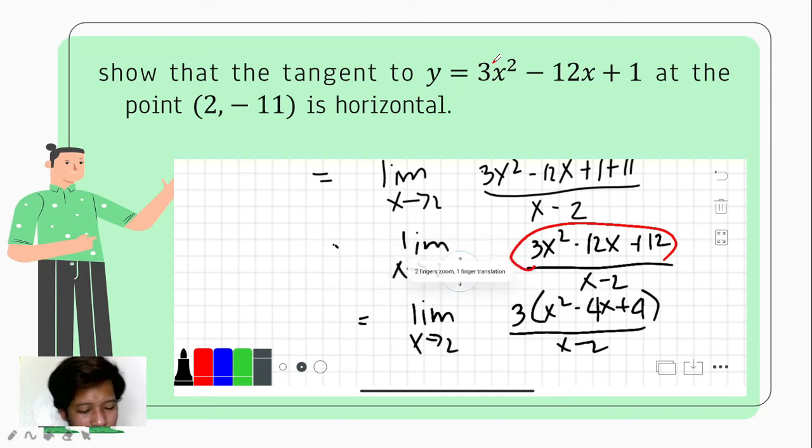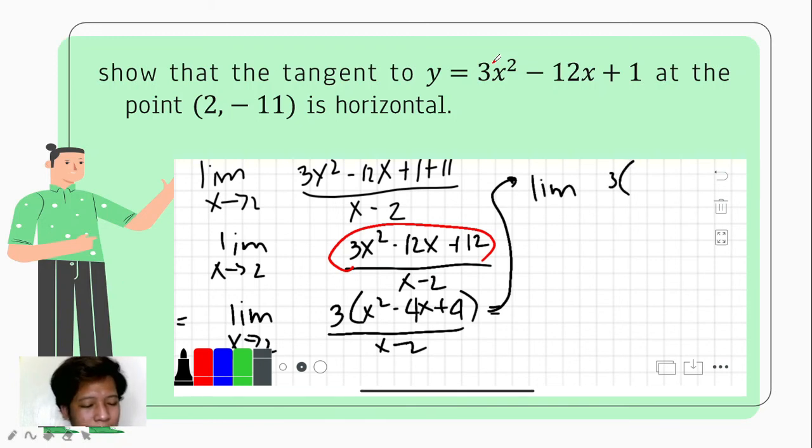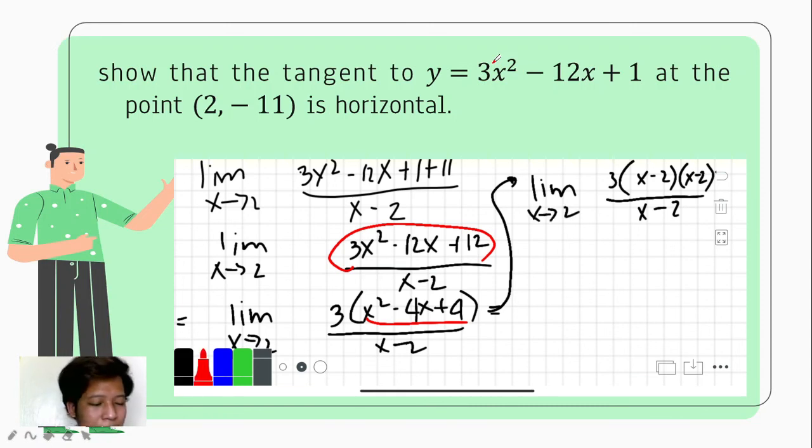And then, we have the limit of 3 multiplied by x minus 2 times x minus 2, over x minus 2, as x approaches to 2. Pinactor out lang natin itong quadratic trinomial. Then, we can simplify it.